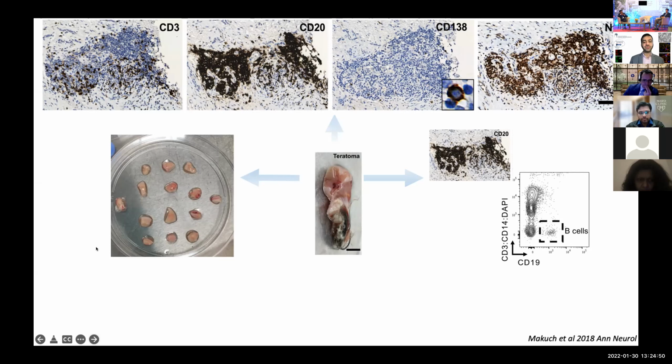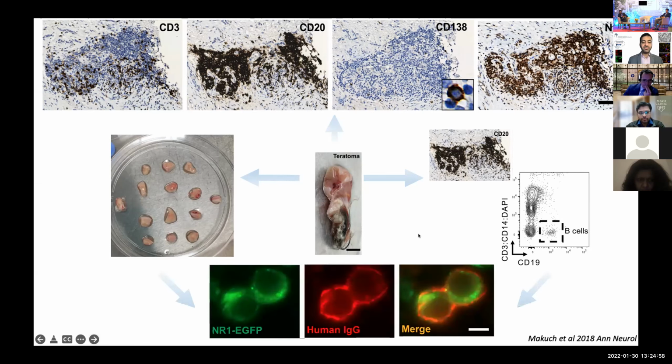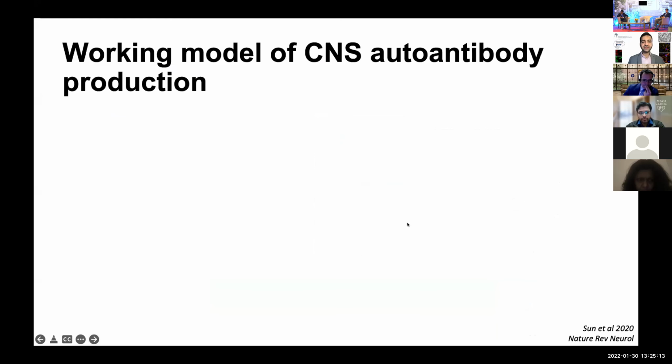And when we culture them, we ask, are NMDA reactive antibodies secreted during the culture process? And it was very intriguing, because in essentially all situations, NMDA reactive antibodies were produced by the teratoma resident B cells. So I think it's not just a germinal center structurally, but functionally acts as a germinal center. And so this feeds into our overall model of how these diseases might operate.